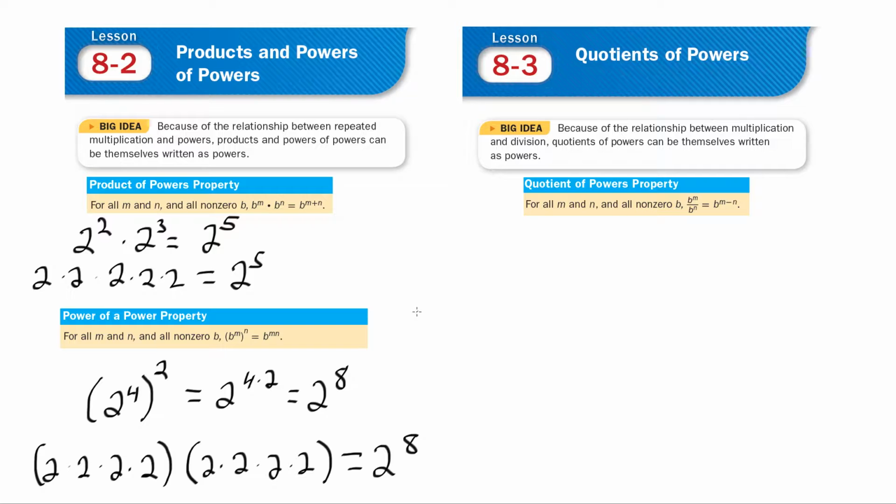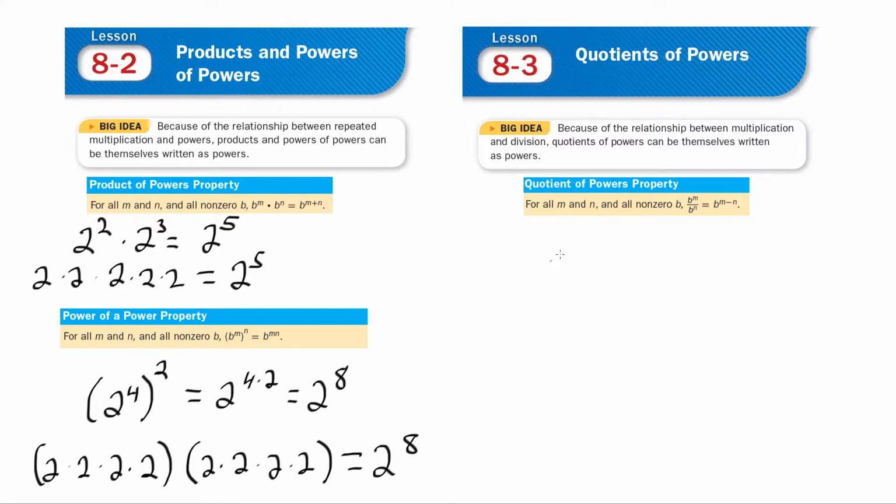Okay? Remember, there's the power of a power and product of powers. They're different ideas. In the power of a power, we're squaring a power or raising a power to a power. In the other case, we're multiplying them together. What about the quotient of powers property?